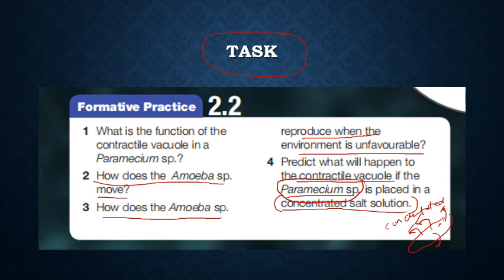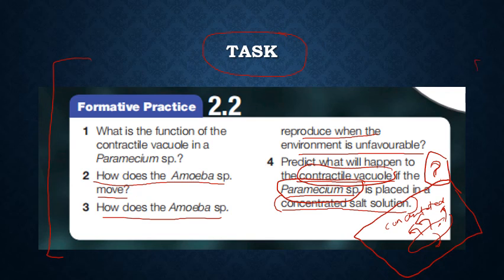So what happens to the contractile vacuole then? I leave you to think what will happen to them. I only give you halfway of the answer, and the other half you have to answer yourself. I want this exercise to be written in your notebook, and then we will discuss the answer later.